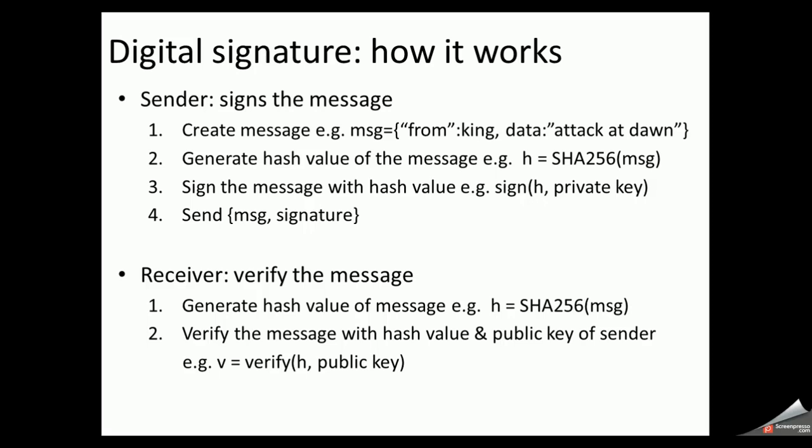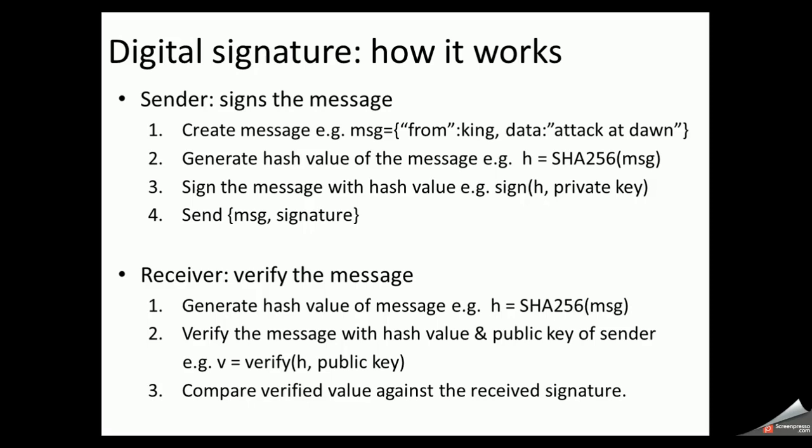But let's say the message stays the same, so our hash will be the same for sender and receiver. But if the real sender of the message was not the king but someone else, let's suppose a hacker, and he just put the from field falsely as king, in that case he has to sign the message with his own private key, and on the receiving side we will be verifying the message with the king's public key.